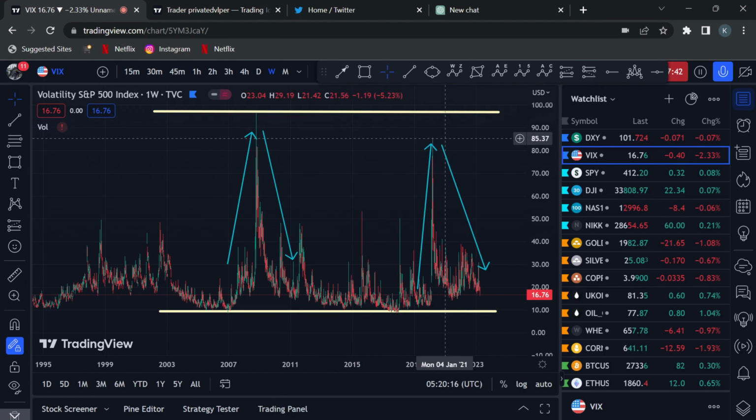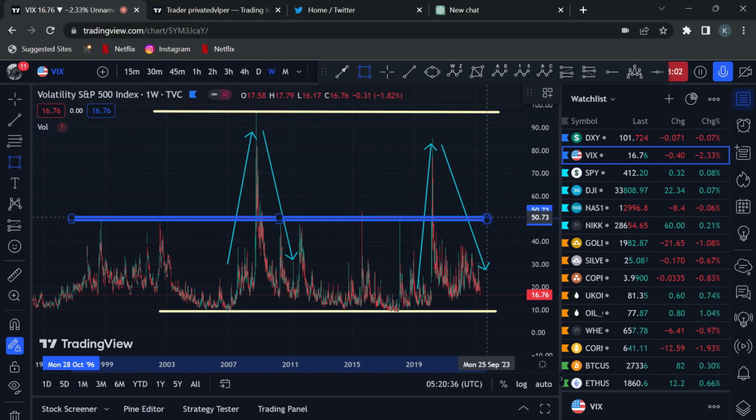But usually, as you can see, the range is around 40 to 50 in normal circumstances. In these two instances, this was the financial crisis in 2008, and this was during the COVID time.